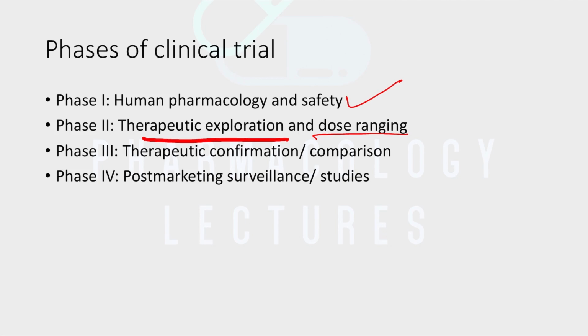In phase 3, you are going into larger numbers, and now you are confirming those studies of efficacy, safety, and pharmacokinetic profile through therapeutic confirmation and comparisons. And then you get marketing permission if the results are appropriate.